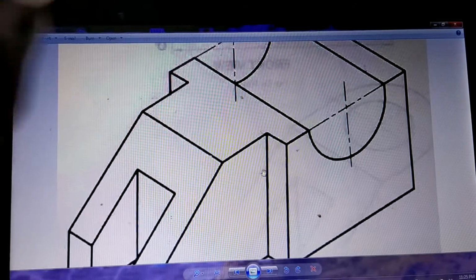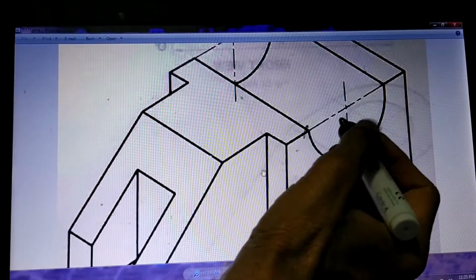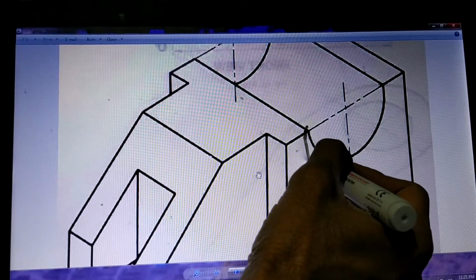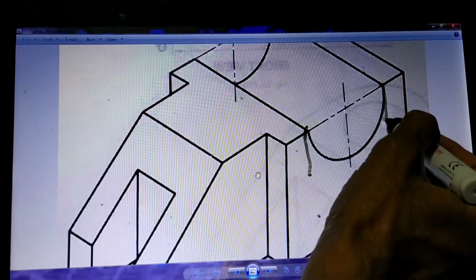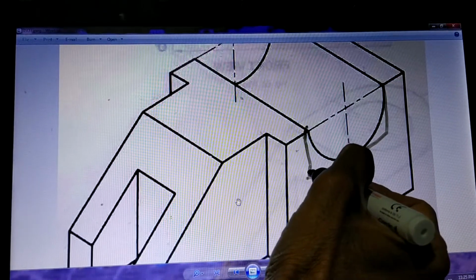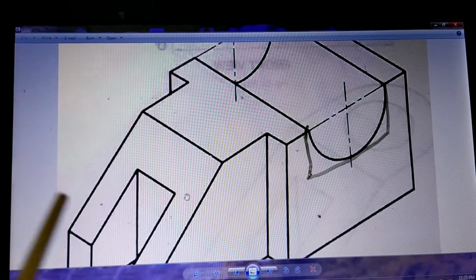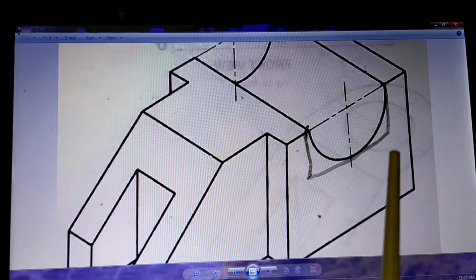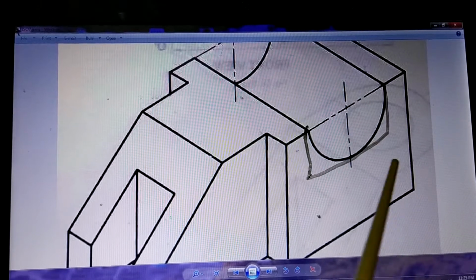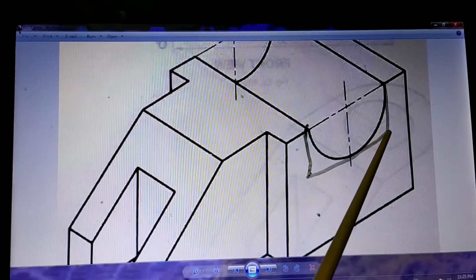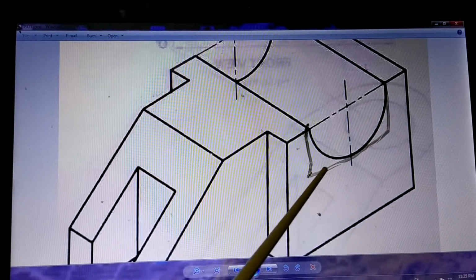Now for drawing the semicircle, you know from where to where the semicircle will come. So you can draw first this rhombus. This half rhombus you can easily draw because that is required. This half rhombus is required, which we have drawn.